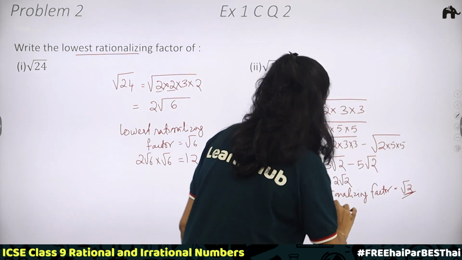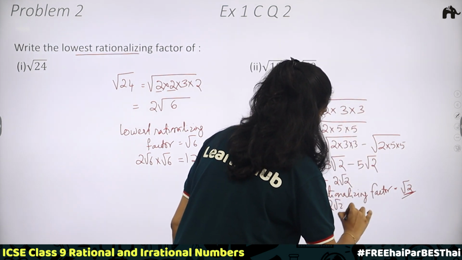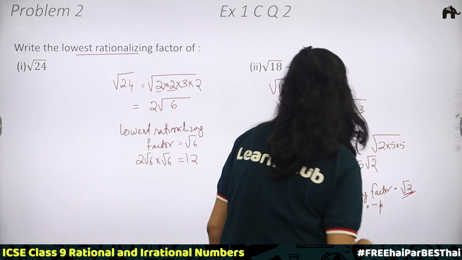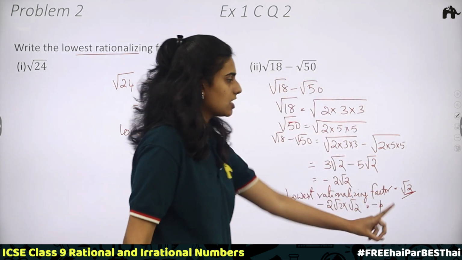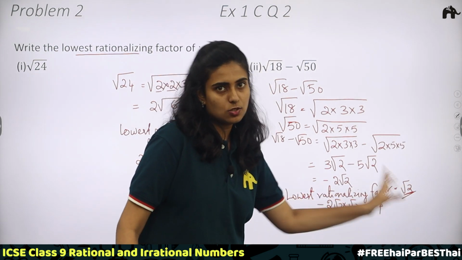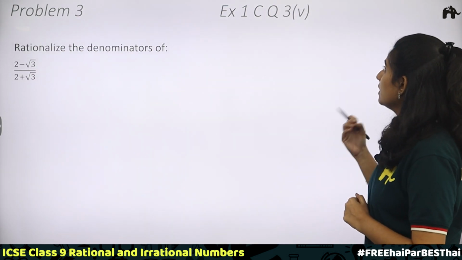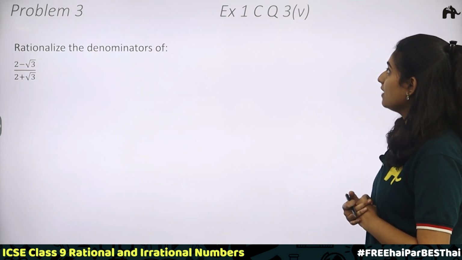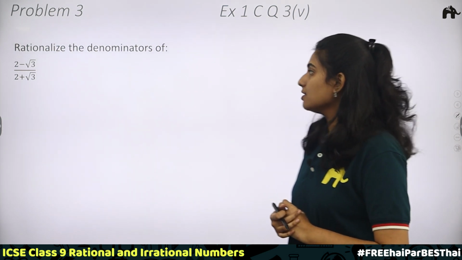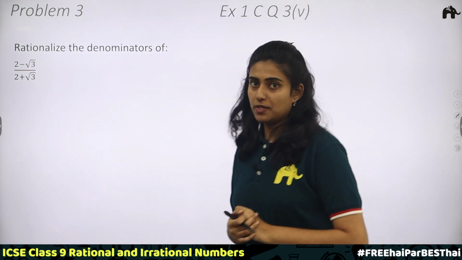So when you multiply minus 2 root 2 with root 2, you will be getting minus 4, which is a rational number. To get a rational number, you are multiplying with the lowest rationalizing factor, which here is root 2. Problem number 3. Question 3, sub-question 5 of exercise 1C. Rationalize the denominators of 2 minus root 3 divided by 2 plus root 3.